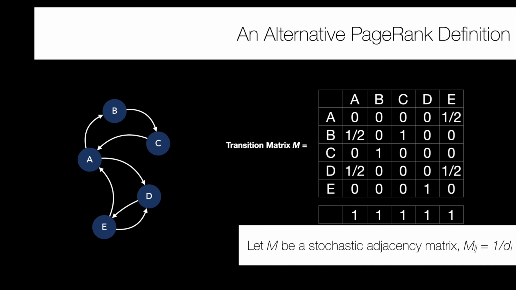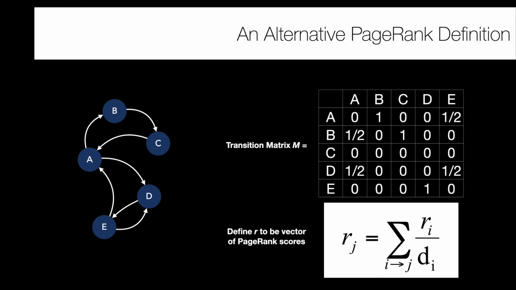So then we can take the PageRank equation that we showed you before, and we can rewrite this using matrix notation.